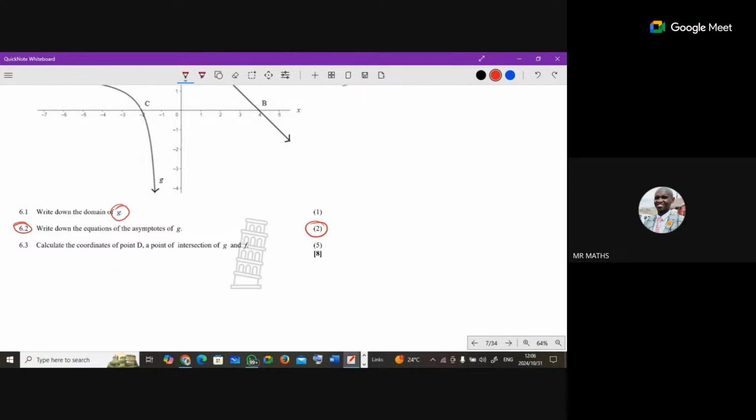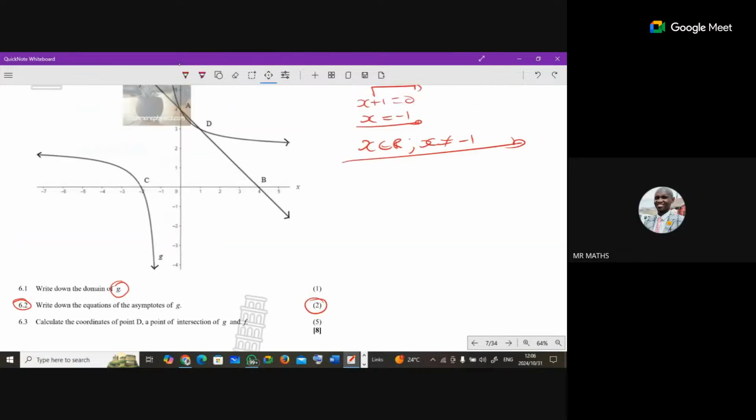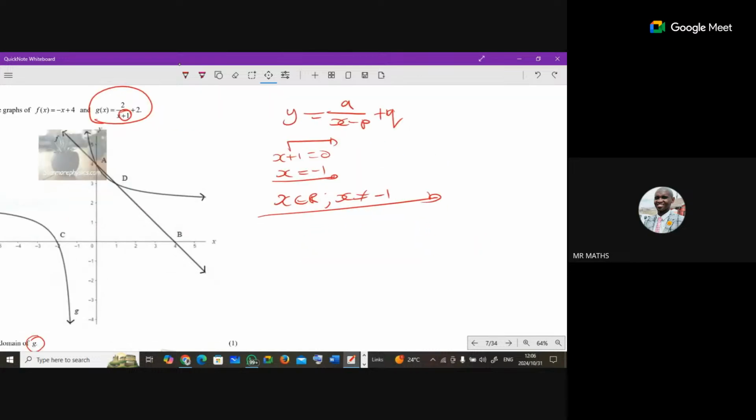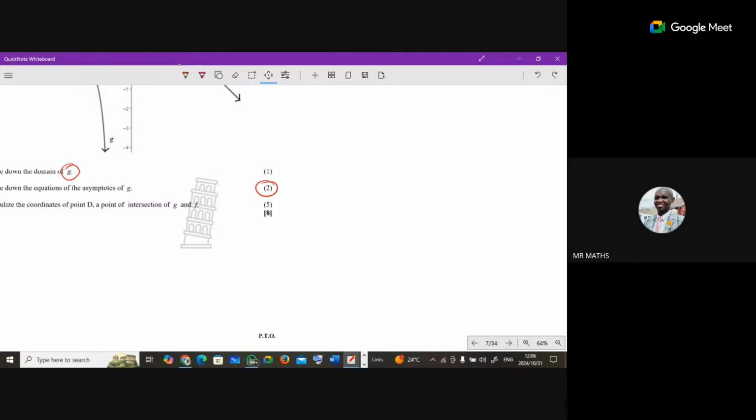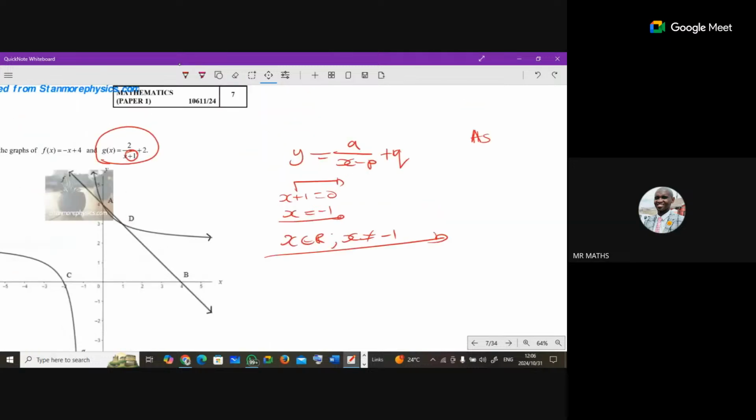The asymptotes of the hyperbola: remember, a hyperbola has equations of asymptotes. The equations are always y is equal to q and x is equal to p. These are the equations of the asymptotes. Are we together?